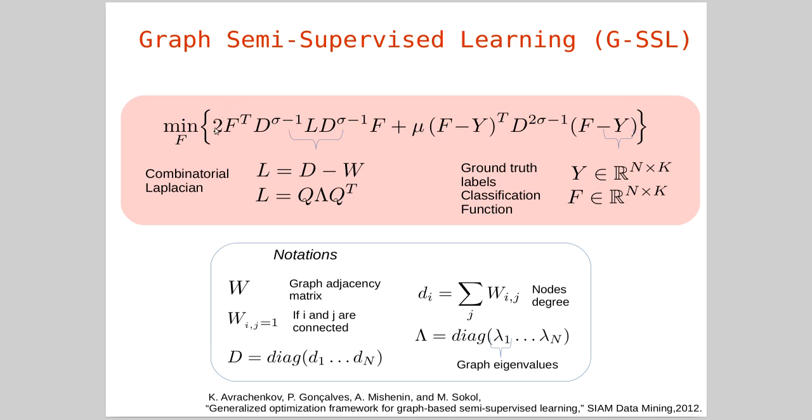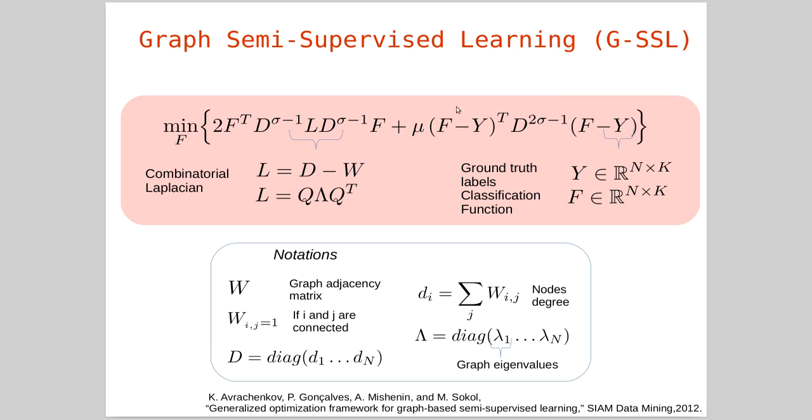You have two terms to minimize. One is graph dependent, because you have this quadratic form that contains the Laplacian matrix. We see it here defined as usual as the degree diagonal matrix minus the adjacency matrix. On the other side, you have another term that you would like to minimize, in which you have two ingredients.